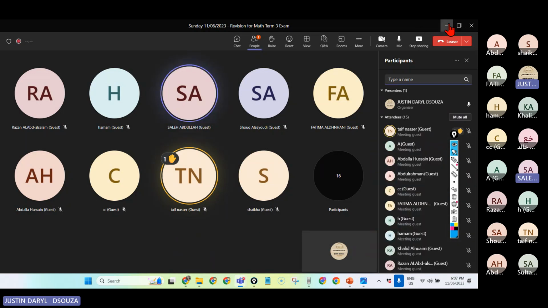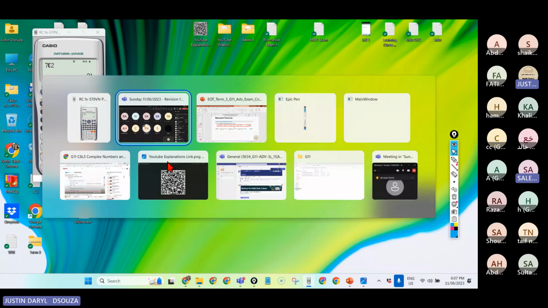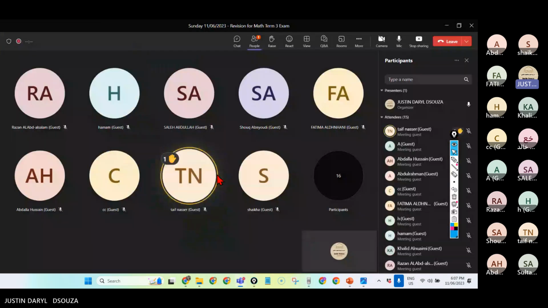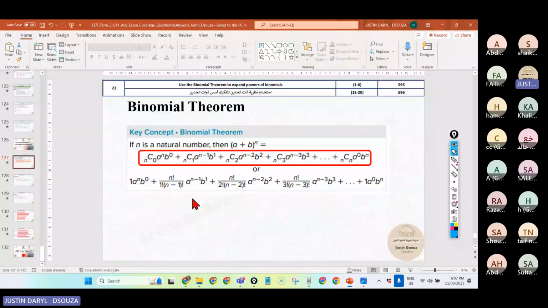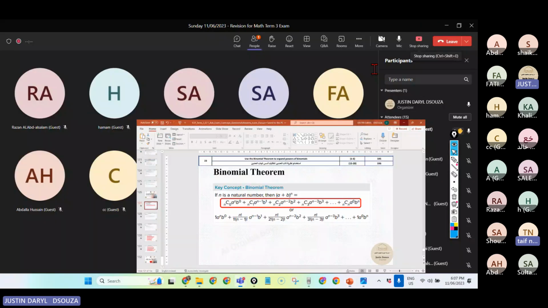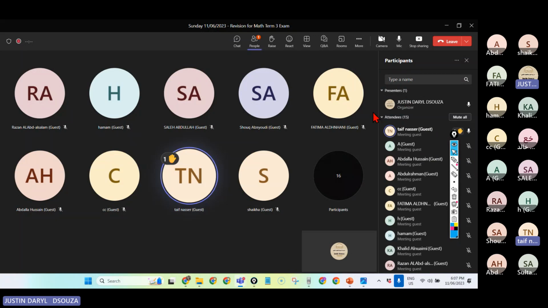Can you send the PowerPoint in the Telegram? Yes, it's already sent in one of the groups. I will send it again. Are you all in that Telegram group?